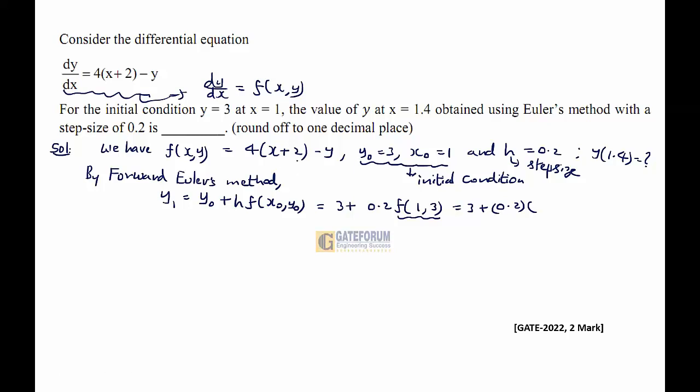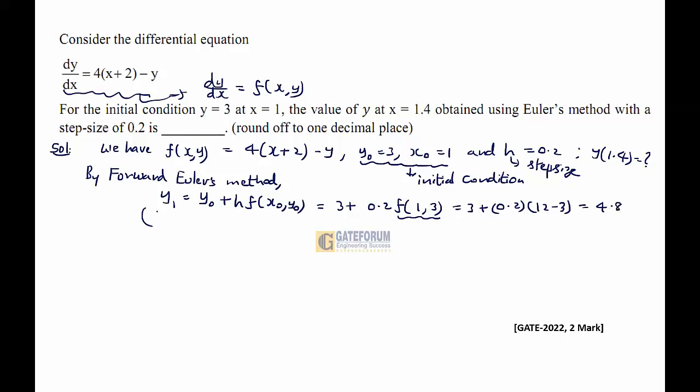So 4 into 1 plus 2, 4 into 3, 12, 12 minus 3, so this is 9. 9 into 0.2 is 1.8. 1.8 plus 3 is 4.8.